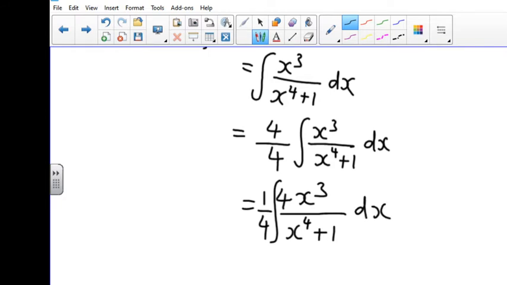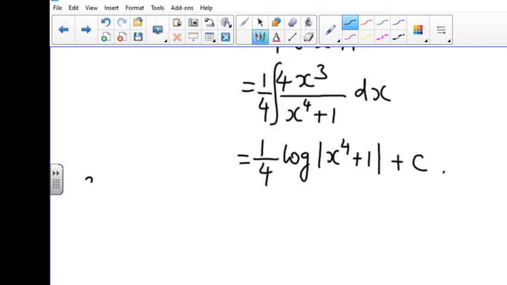Now we can easily say that the differentiation of the denominator is in the numerator. So we can write 1 by 4 log of modulus of x power 4 plus 1 using the formula. To use the formula, we have to multiply and divide by 4, since 4x cube is the differentiation of x power 4. So the answer is 1 by 4 log of modulus of x power 4 plus 1 plus c. Now let us go with the next problem.